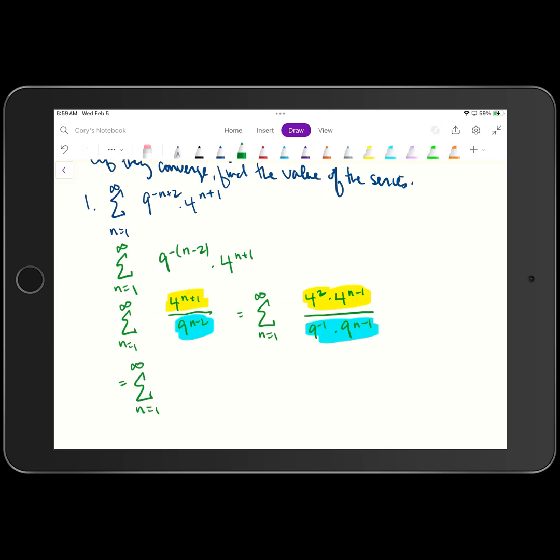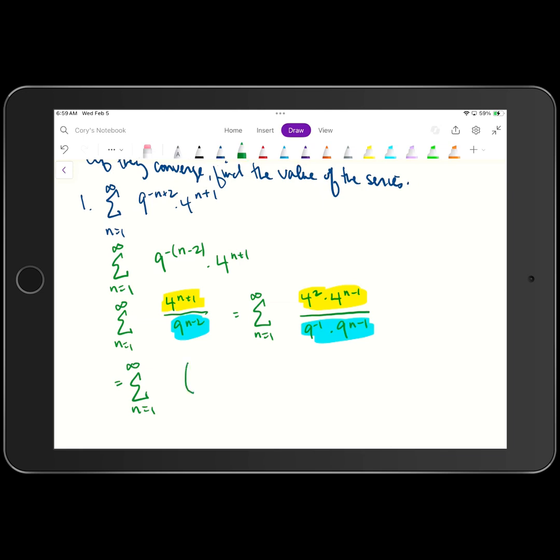I can rewrite 4 to the n minus 1 power over 9 to the n minus 1 power as 4/9 raised to the n minus 1 power. And then I have these two leftover factors, 4 squared, which is 16, divided by 9 to the negative 1 power, which is the same thing as taking 16 and multiplying it by 9. So we get that equal to 16 times 9, which is 144, times 4/9 raised to the n minus 1 power.